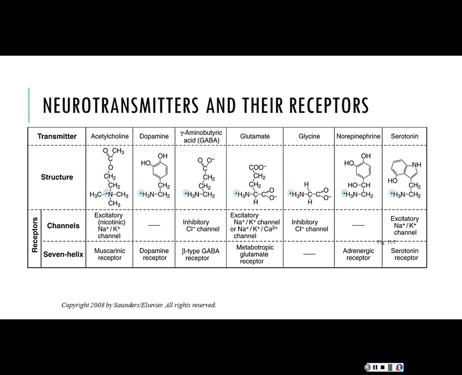All right, so let's look at acetylcholine. Put a star on acetylcholine and put a star on norepinephrine. We're going to use these the most for the rest of the semester. I want you to become the most familiar with these guys. Acetylcholine is first on the list, and norepinephrine second from the end.